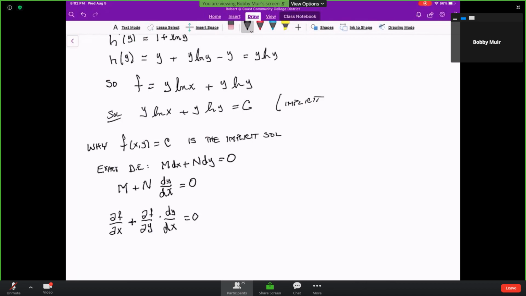Okay. Well, notice that df is equal to this expression. It's the partial of f with respect to x times partial x. See, it kind of just goes away.